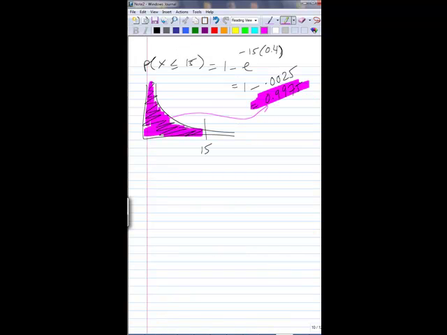So the probability that X is greater than or equal to 10 minutes is what we're after right now, which is this area right here. This is what we're looking for after 10 minutes.